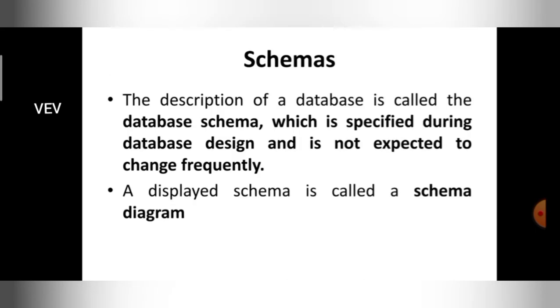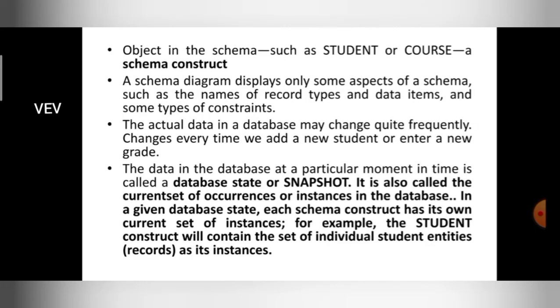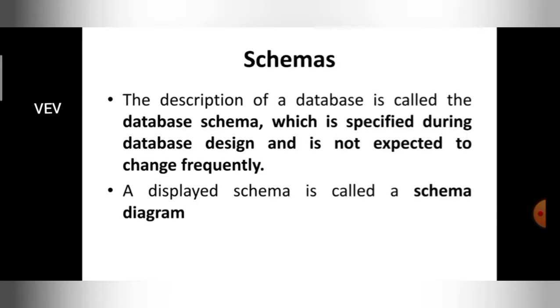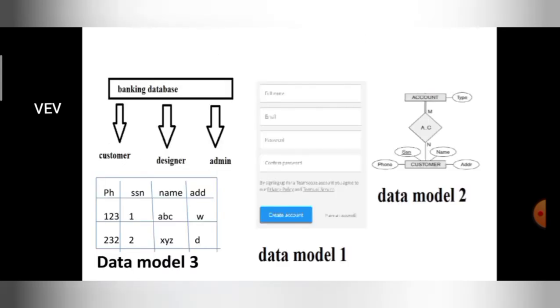Or it can also be called the database state. So at this point in time, what are the contents in the database? At this point in time, I have 2 records.